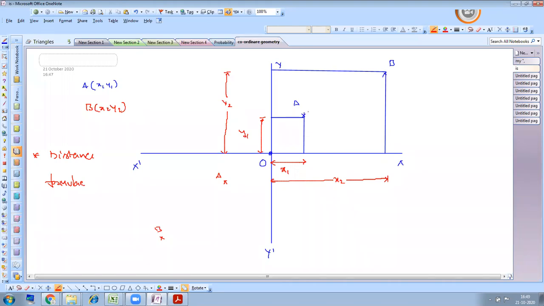I can locate them on the graph and measure using a scale, but that won't work always. We have to find an analytical method without using the graph. What is the distance between 2 points located in a rectangular coordinate system?